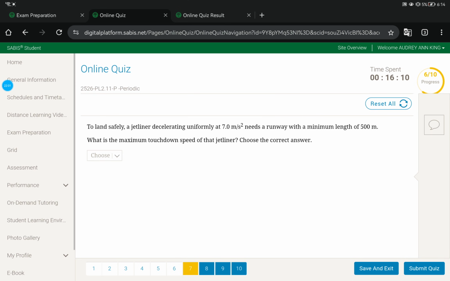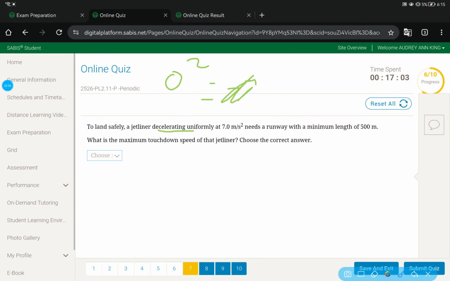To land safely, a jet linearly accelerating uniformly at 7 meters per second needs a runway with a minimum length of 500 meters. What is the maximum touchdown speed of that jet liner? So we're going to use the formula which we used in the last question, and the final velocity is going to be 0 because it's decelerating.